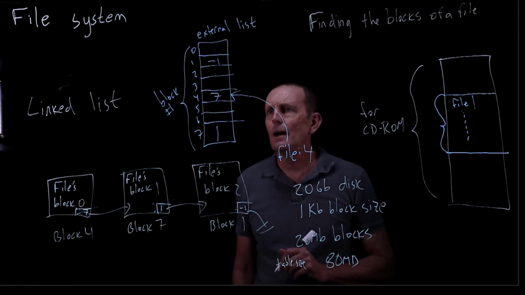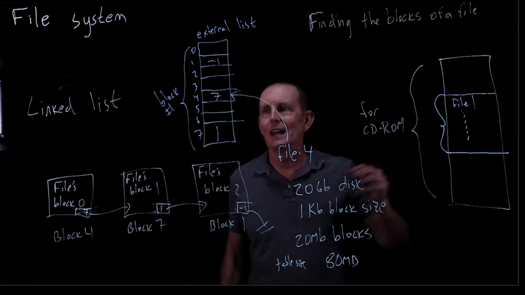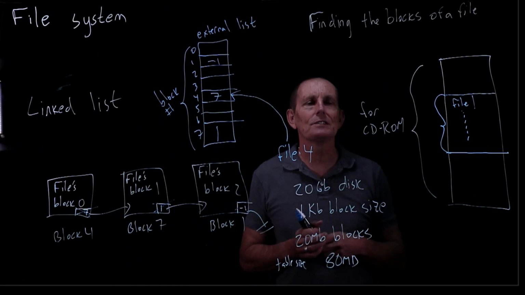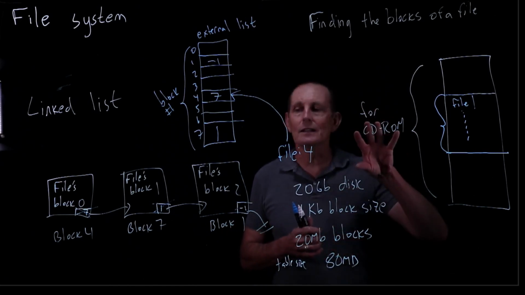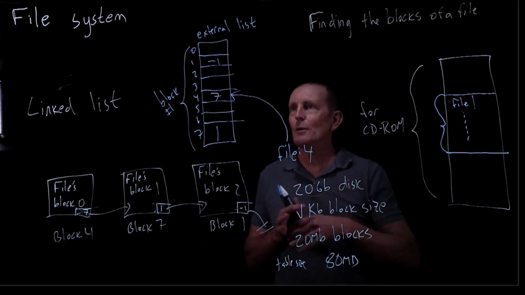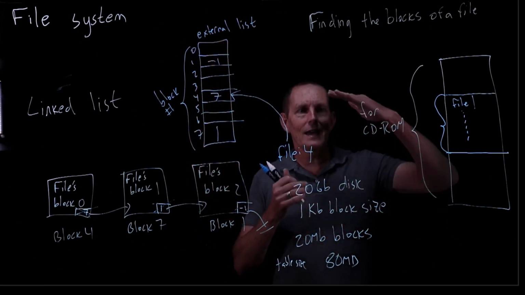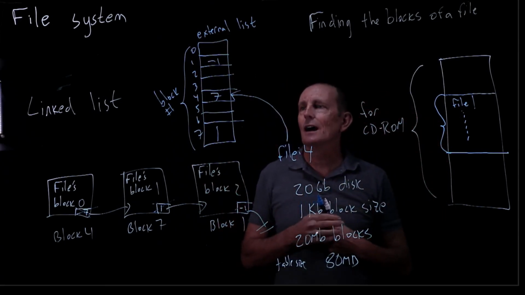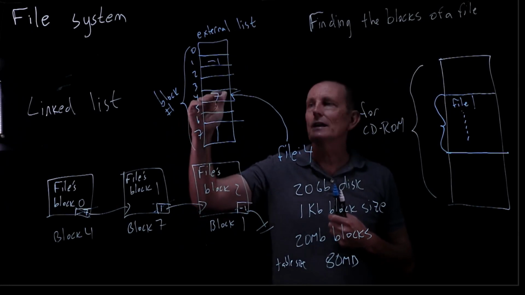One thing that's also done, so we looked at this idea of just contiguous, and this is completely discontiguous, we could kind of combine those. So we could say, for instance, gee, I am writing to a file, and rather than just blindly getting a random block, I'm going to try and start writing at the beginning of a chunk of blocks. So I might say, I'm going to take blocks 4, 5, and 6 and write to those.